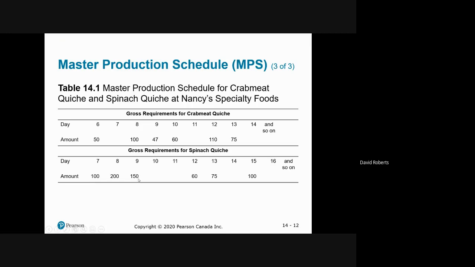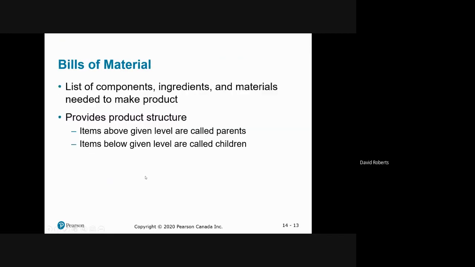These are for the ending product, all right? This is for the final good, like on a previous screen, where it was 240, 150, and 75 amps or watts. The bill of materials is the list of all the components, ingredients, and materials to make one item. So then you can just multiply.